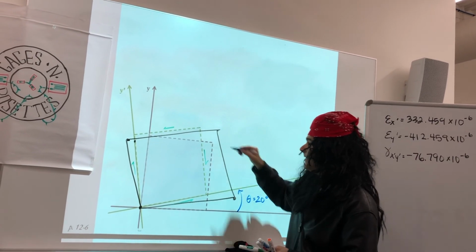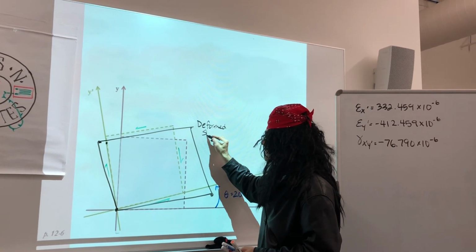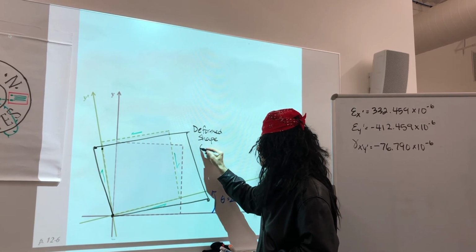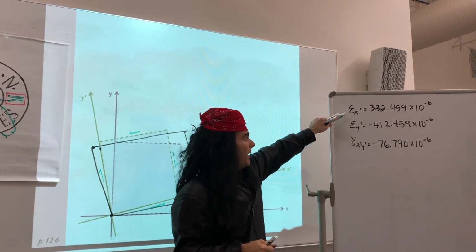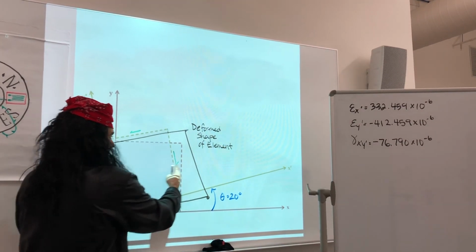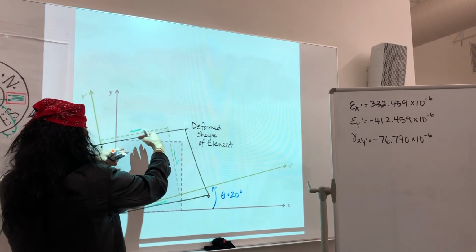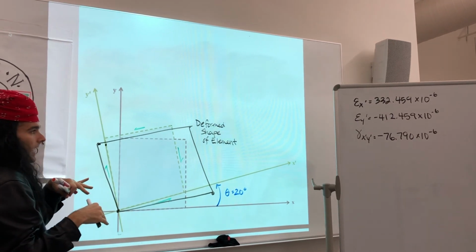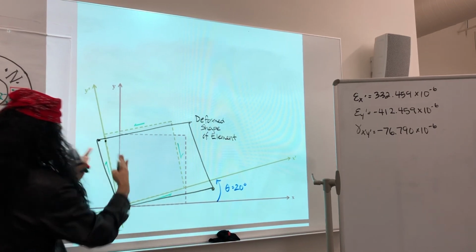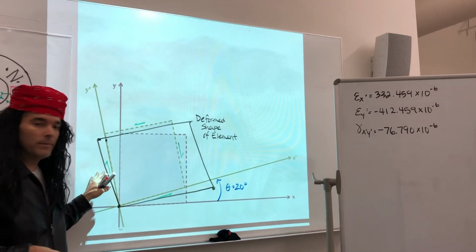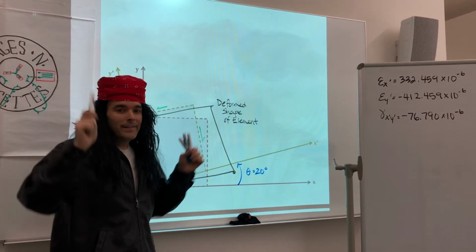So this is what the deformed shape of our particular element would look like, due to a positive epsilon x prime, so it shifted out a little bit, a negative epsilon y prime. You can see it shifted down a bit from this original green dashed line, and we also had a skew that caused skewing like this and like this, and so we have this final shape. So hopefully you're able to follow through with that. If not, practice makes perfect. All right, we'll see you soon.